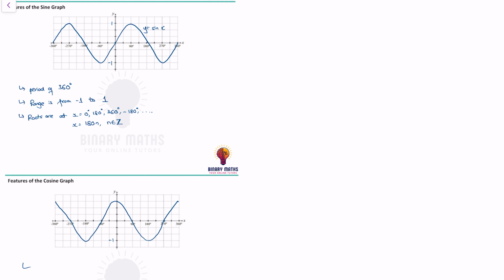So it does have a period of 360 degrees. The range is from -1 to 1. This is y is equal to cosine x.